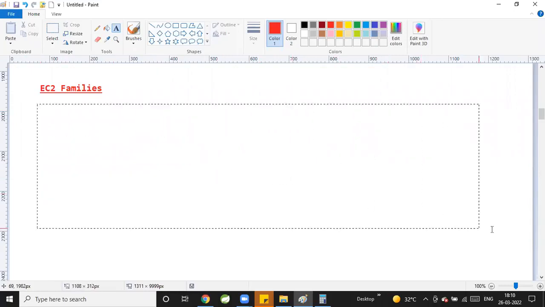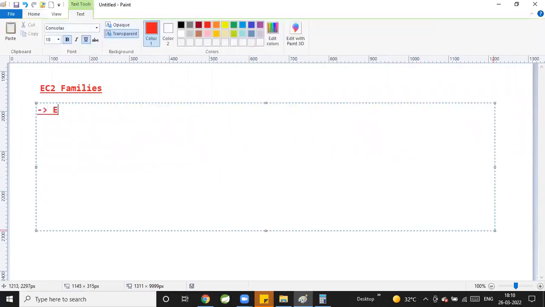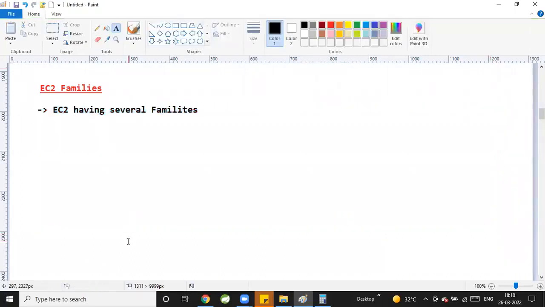EC2 has several families. What are the families available in EC2?